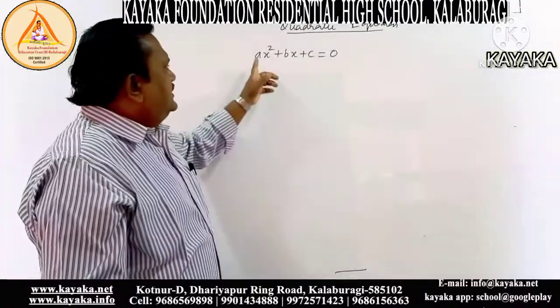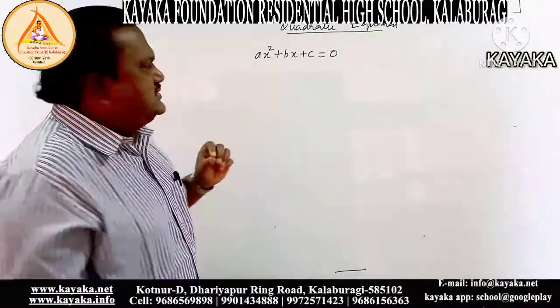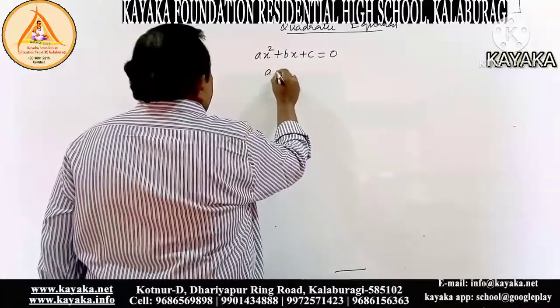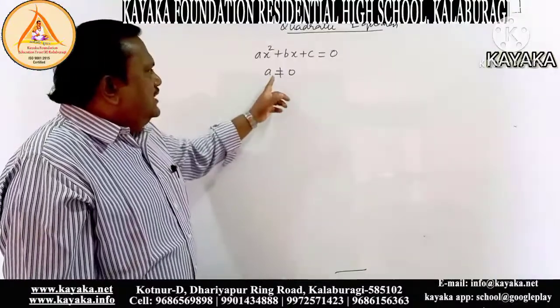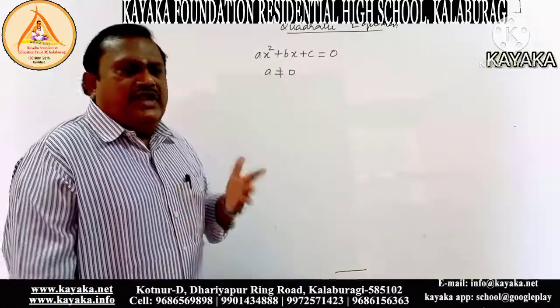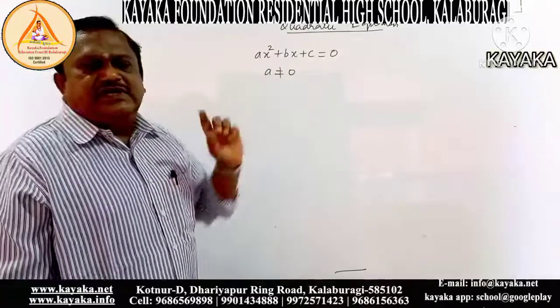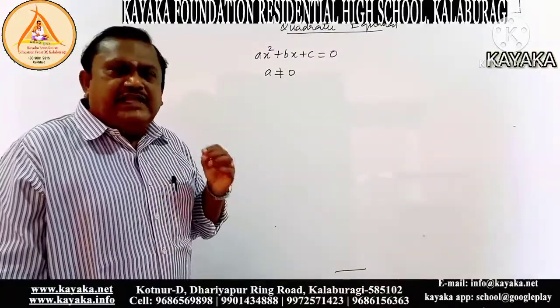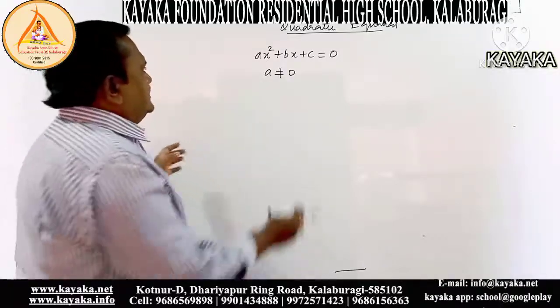Here a, b, c are real numbers, and the main condition is a is not equal to 0. Why is a not equal to 0? Suppose a becomes 0, then this quadratic equation will be converted to a linear equation.